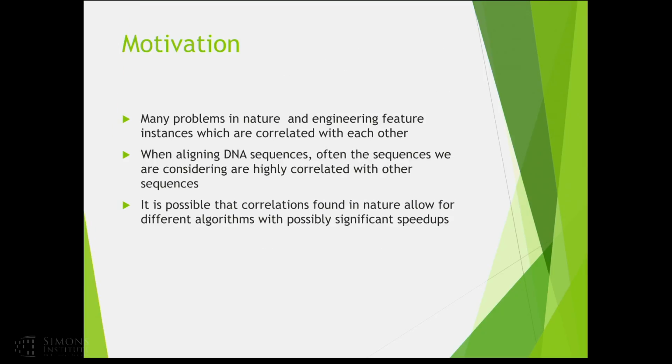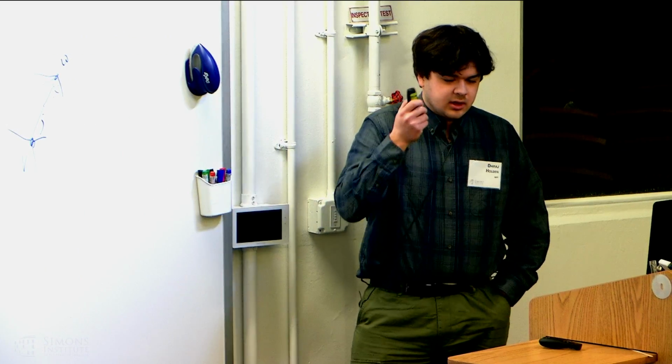So let's think about problems in nature. Often we end up having not one instance in isolation, but many instances which end up having correlations. So we see this in, say, DNA sequence alignment problems, where we have a number of sequences from a bunch of species which are correlated.